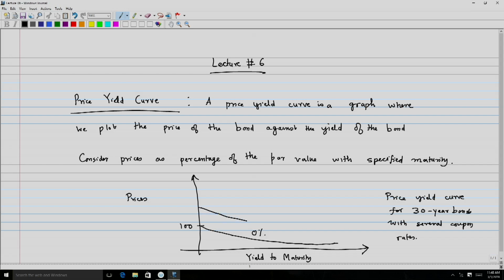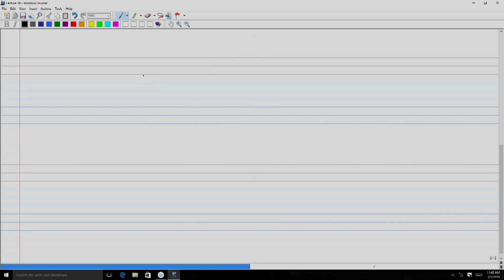Then suppose we have the coupons at 5%, then this is going to be the graph of 5%. Likewise, we have the graph for 10% and say 15%. We will now make a couple of observations from the graph that we have just seen.